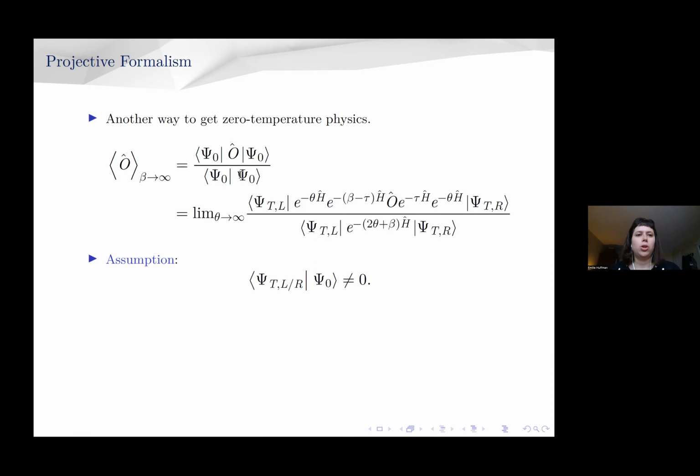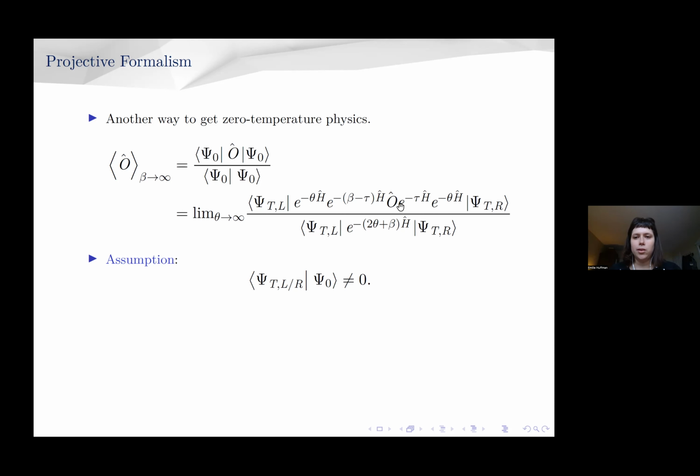To do quantum Monte Carlo for the projective version, we introduce a trial wave function that we know should have a non-zero overlap with the actual ground state. That's important. As long as it has a non-zero overlap with the actual ground state, we can introduce this theta parameter.